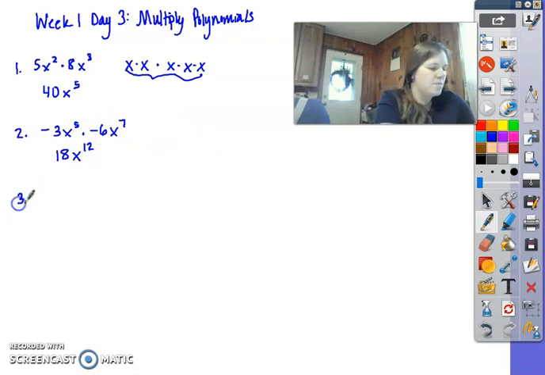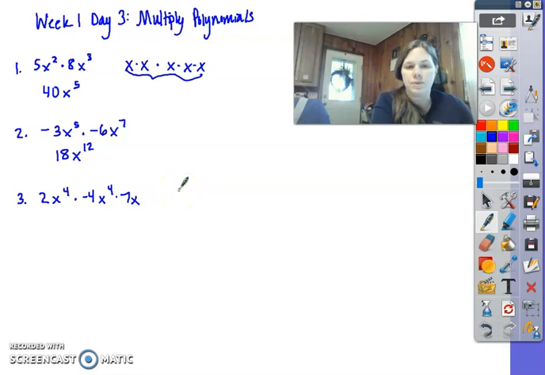I will do another mono times mono, and we'll throw another mono in there. Weird thing happened on this one. Let's take the coefficients just like we have been. So 2 times negative 4, that's negative 8, and then negative 8 times 7, negative 56.